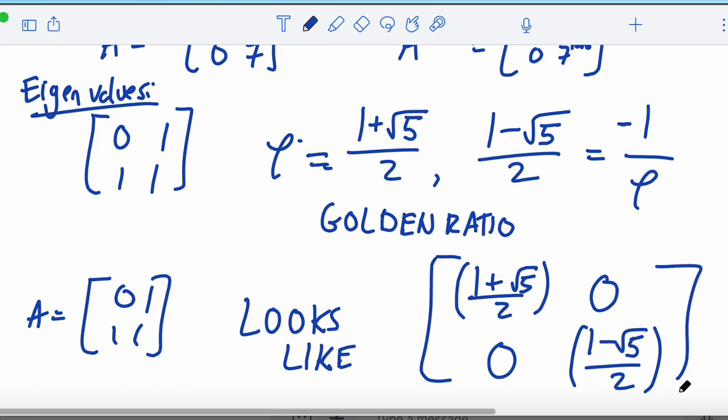In some moral sense, this matrix 0, 1, 1, 1 is exactly the same as this other matrix. You just have to look at it in a different way. And what do I mean by looks like? I mean you have to work in a different basis. That's what it means. And this is all of linear algebra. If you had a good linear algebra course, they should have been telling you the whole time that all this eigenvector, eigenvalue stuff is just thinking of what looks like means.